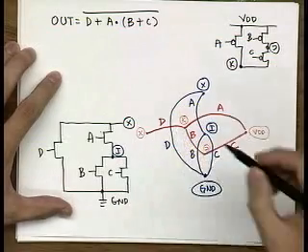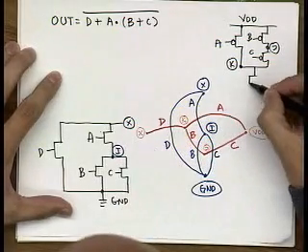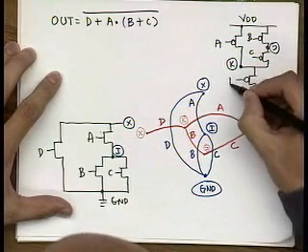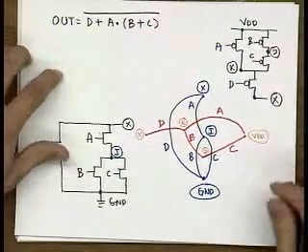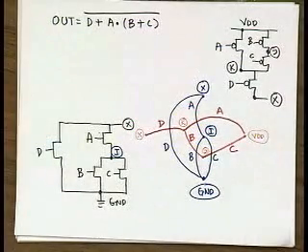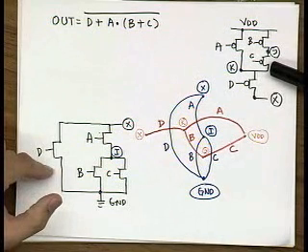And then I finally have from node K to node X another transistor that is controlled with this signal D. And I'm done. So that's basically a methodology you can use to reconstruct a complementary pull-up network.